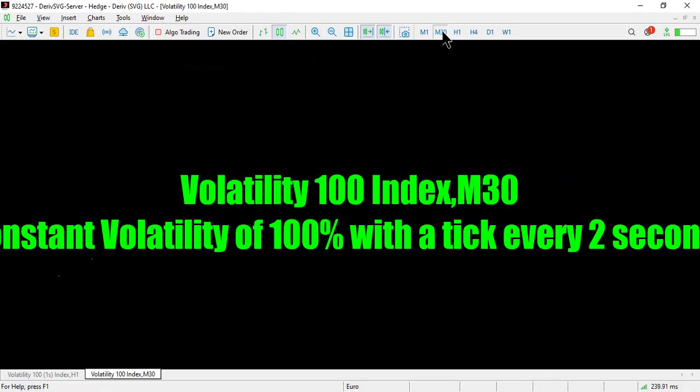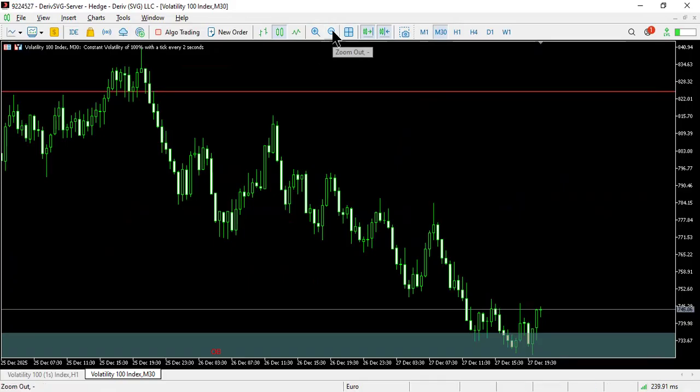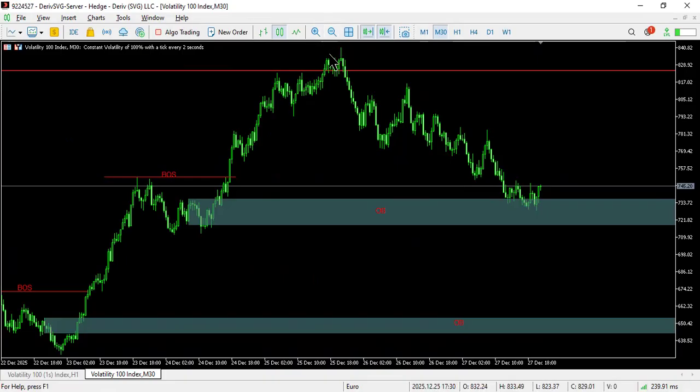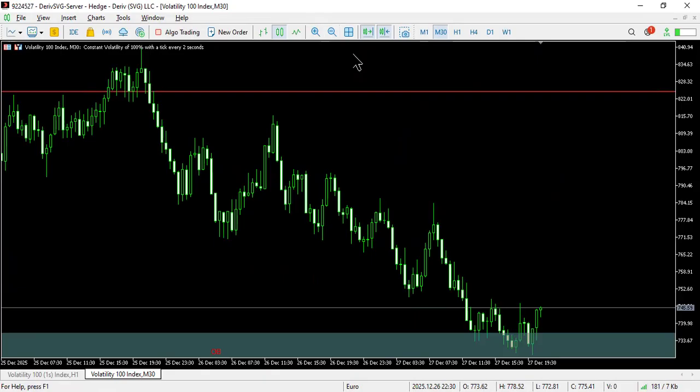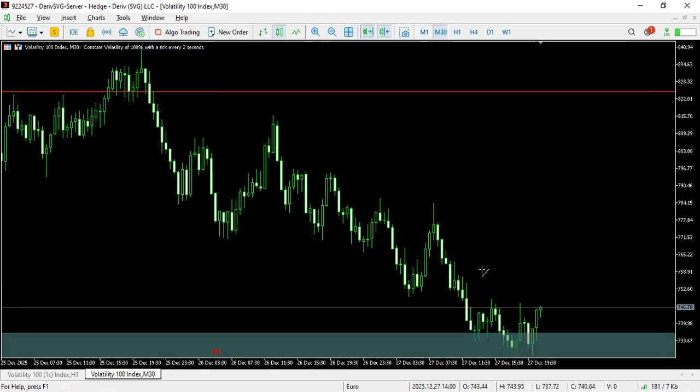Let's go to the M30 and try to study the price action that is happening at this order block for us to be able to know if we should enter from this order block or wait for the order block down there.